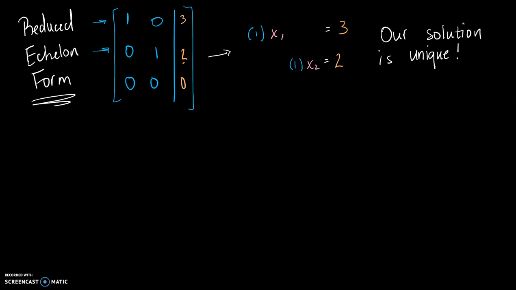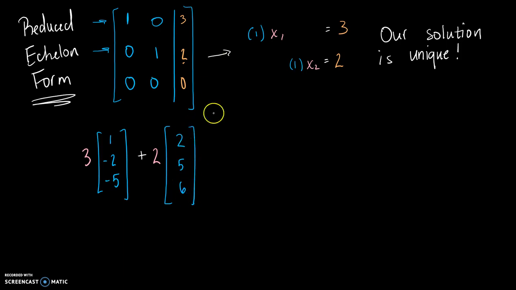So what we're going to say is x1 is 3, and we had our vector 1, -2, -5, and then we add 2, and A2 was equal to 2, 5, 6, and that is equal to 7, 4, -3.